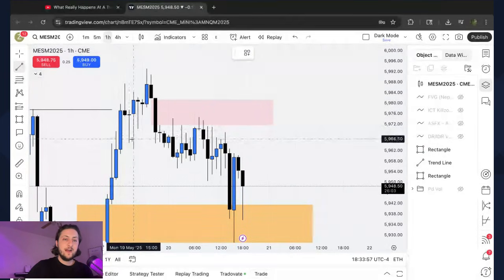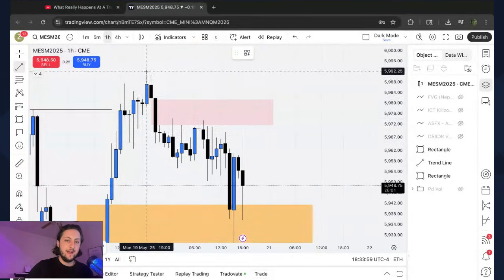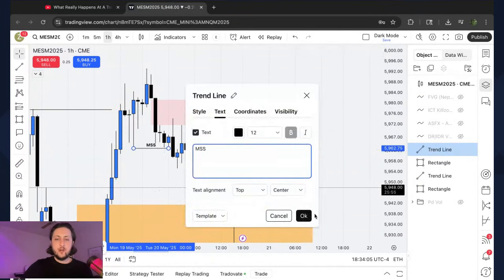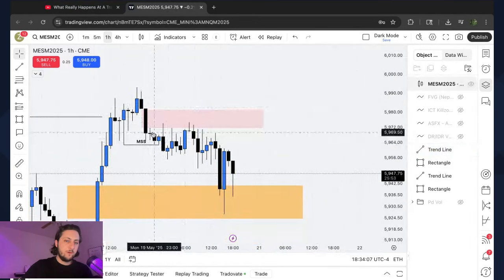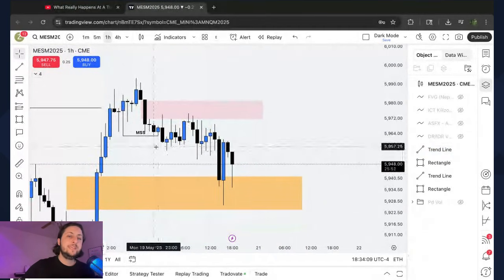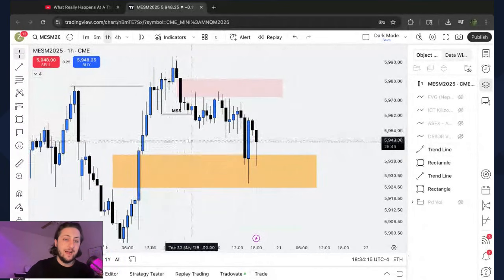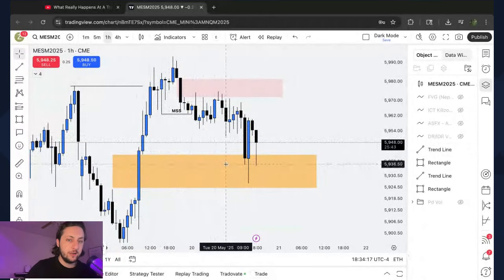This is the last higher low that made a higher high, and we took it out. 1-hour market structure shift right here. So this is what I want to see to really begin to believe that the hourly trend is beginning to shift, which can allow me to bring my eyes towards the imbalance that I want to target.